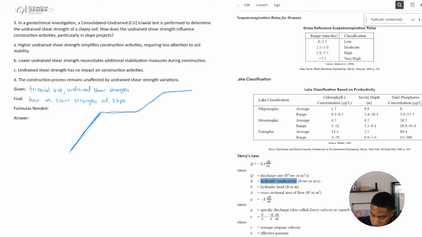This is going to affect where water goes, and where the soil goes to, because if you don't have enough soil that is able to hold itself up, right?